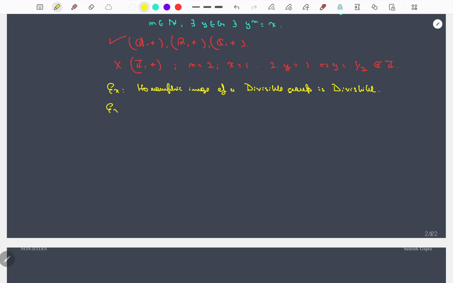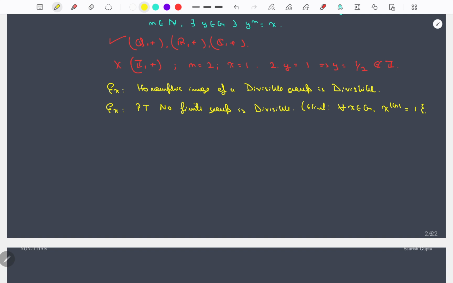Also, another exercise, a very simple one: prove that no finite group is divisible, and I'm giving you a hint to solve this. So the hint: for every x in G, x to the power order of G would be 1.